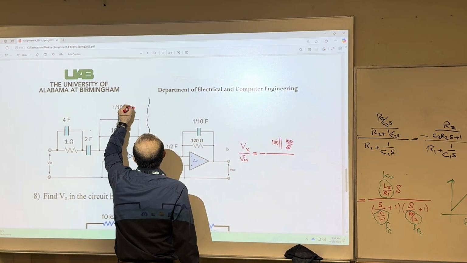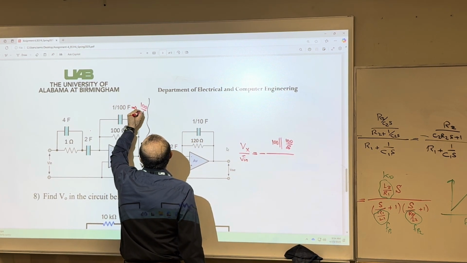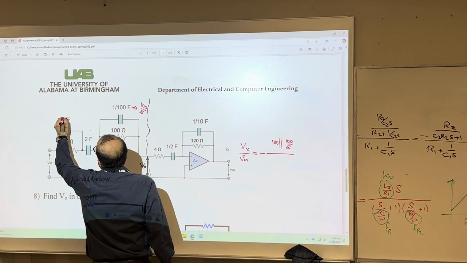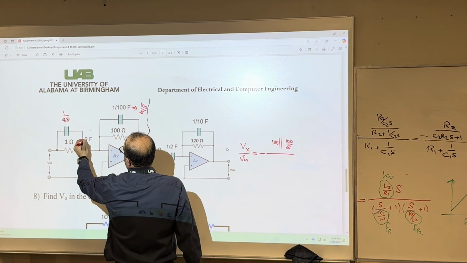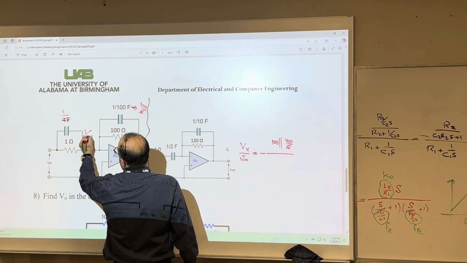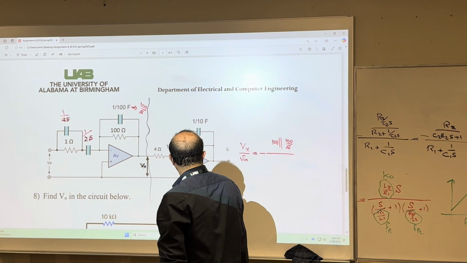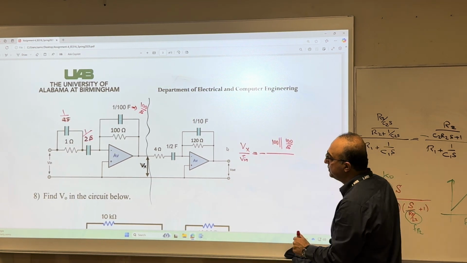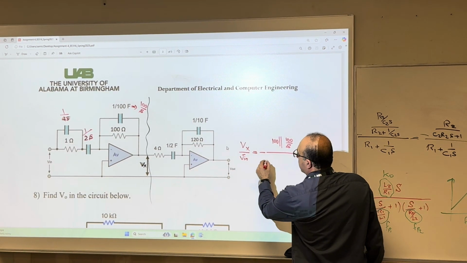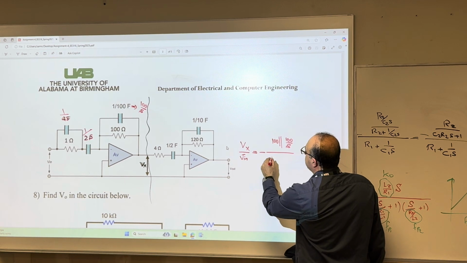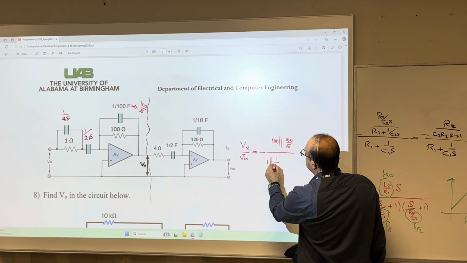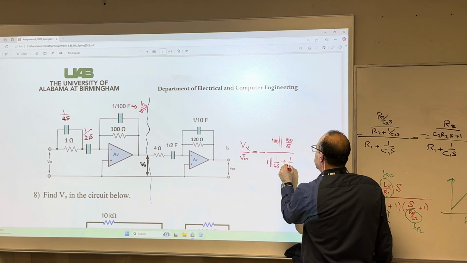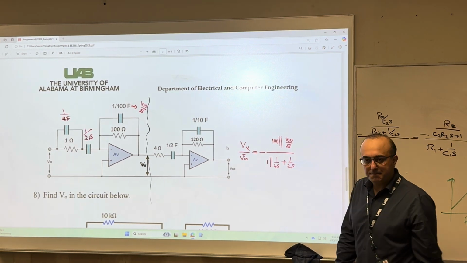In Laplace, this is going to be 100 over S, this is 1 over 4S, 1 over 2S. So that's the impedance of the top branch, and the impedance of the input is 1 in parallel with 1 over 4S plus 1 over 2S. Agree?